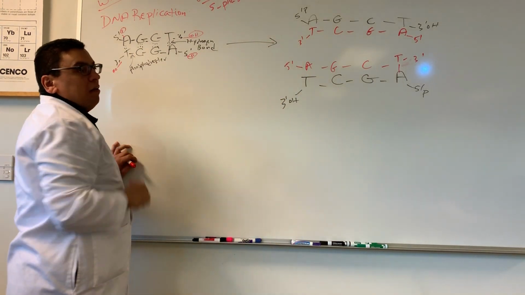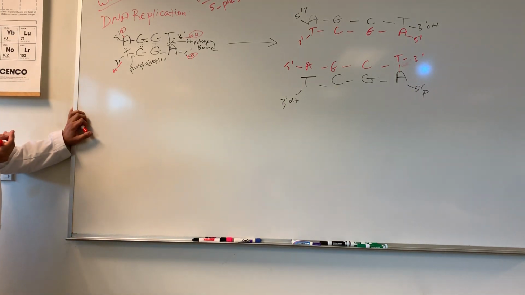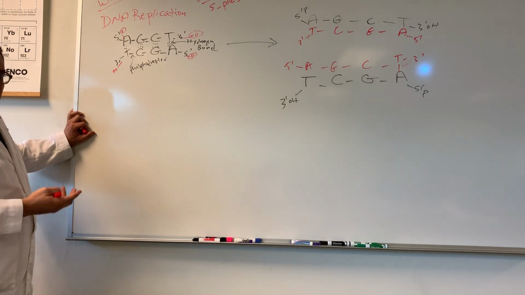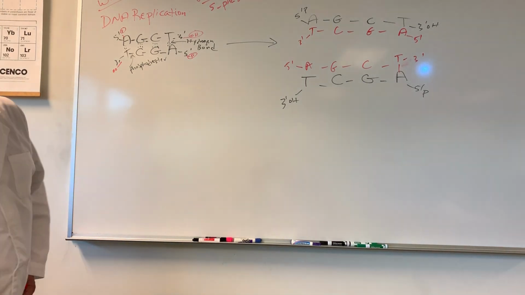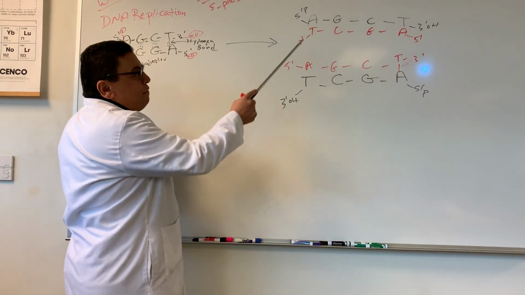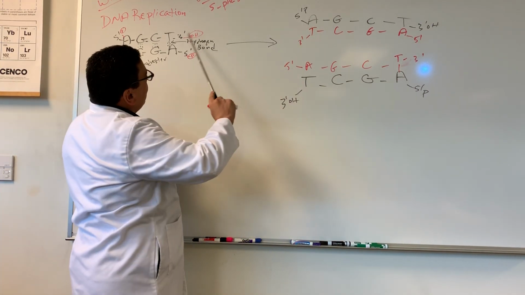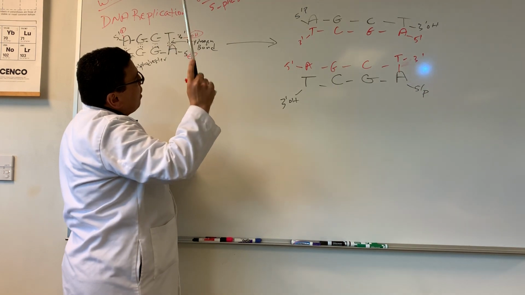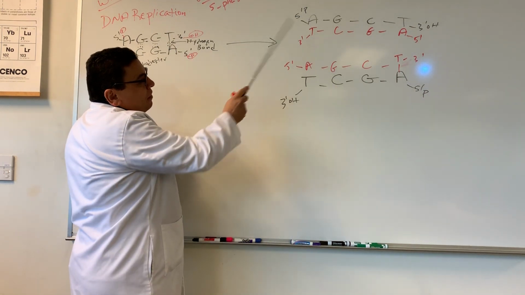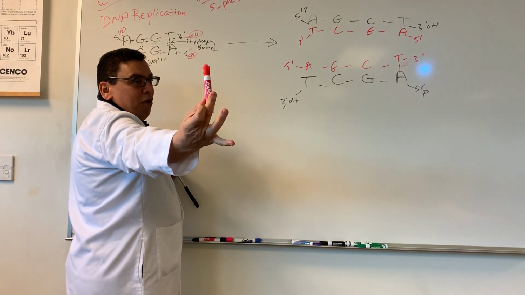Do you see that? But there's something interesting about the two copies. You may not see that right now, but as soon as I say it, you'll realize it. The interesting thing is this. Half of the copy is the original strand that I drew in black. The other half, I just made for you in red color.